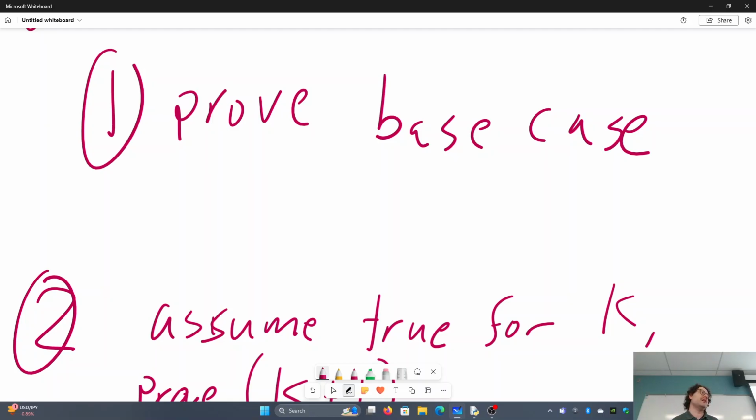That's proof by induction. Now the reason I bring this up is because when you go over recursion, a lot of times the easiest way to prove that your recursion works is through this process.